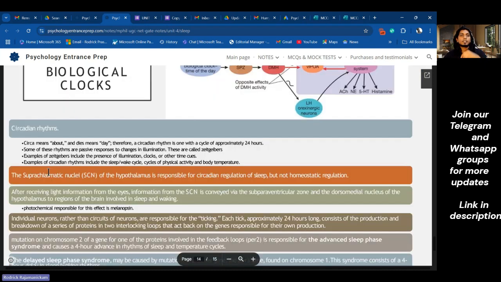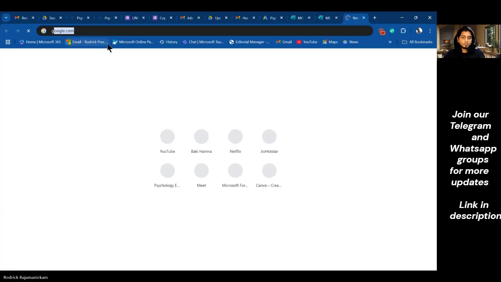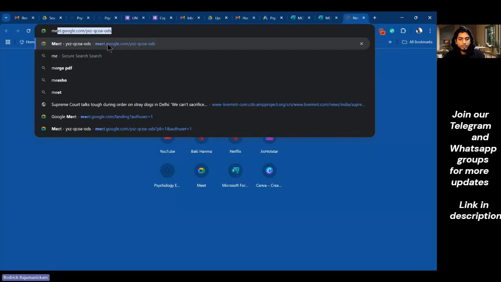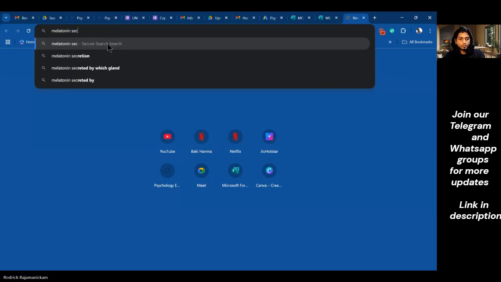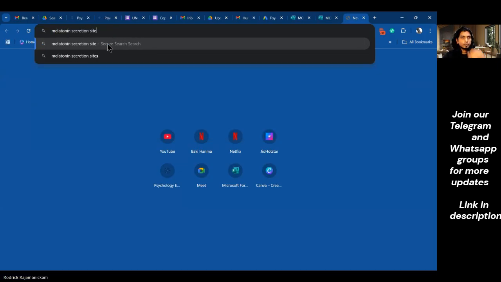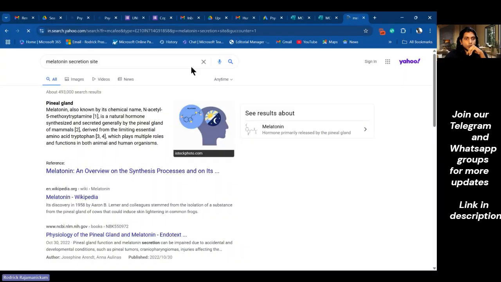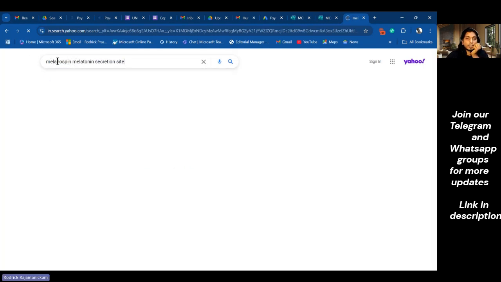Yeah, just checking it. But we'll resort to Google now. Right? Melatonin secretion site, right? Wow. Oh, pineal gland. Okay. So melanopsin to melatonin. So how does it convert? Opsin.